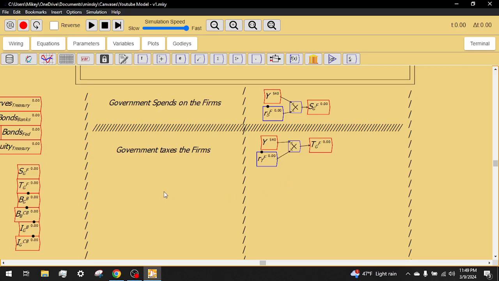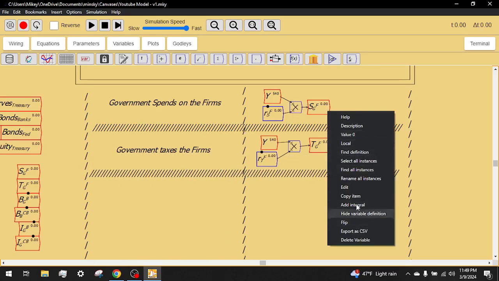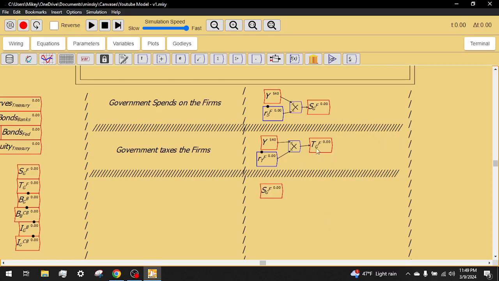So now that's wired. And the next thing is going to be the bond issuance, because if we assume that the spending minus the taxation is going to be some non-zero number, then by definition, that means that we're going to be running a deficit.